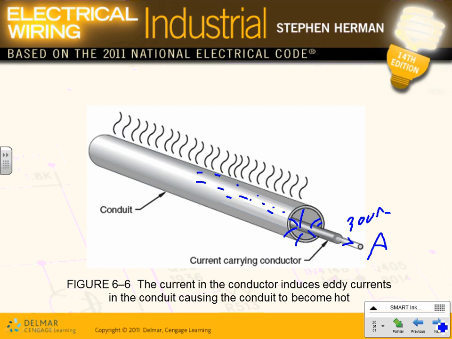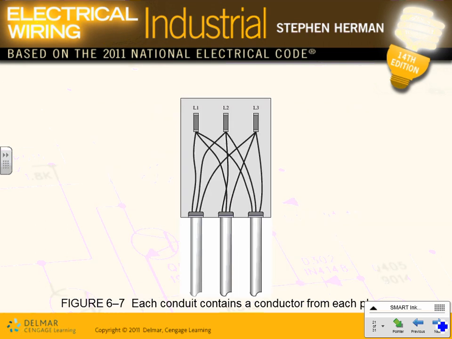And because the conduit has impedance, you start heating it. You're creating an inductive heater. Any comments, guys? Any questions about that? So your eddy current is moving in the conduit. So who wants to have a hot conduit surrounding your conductors? Talk about failure of insulation. Now that's a major failure of insulation. Okay, so that's that.